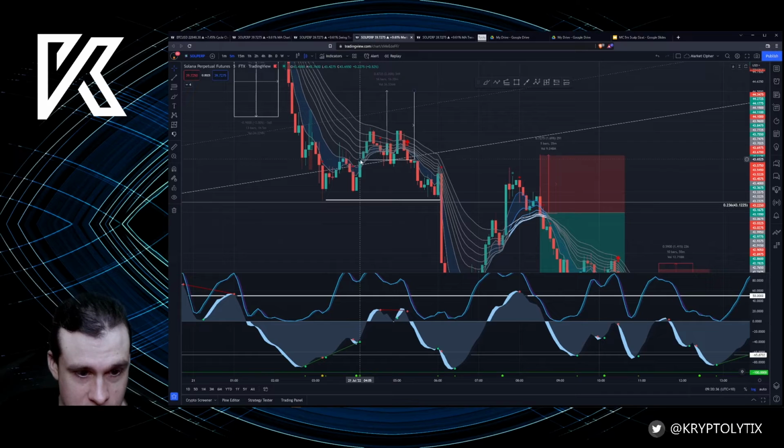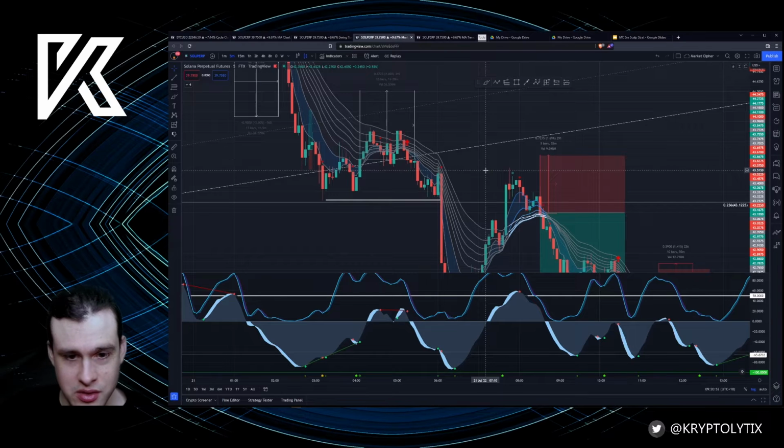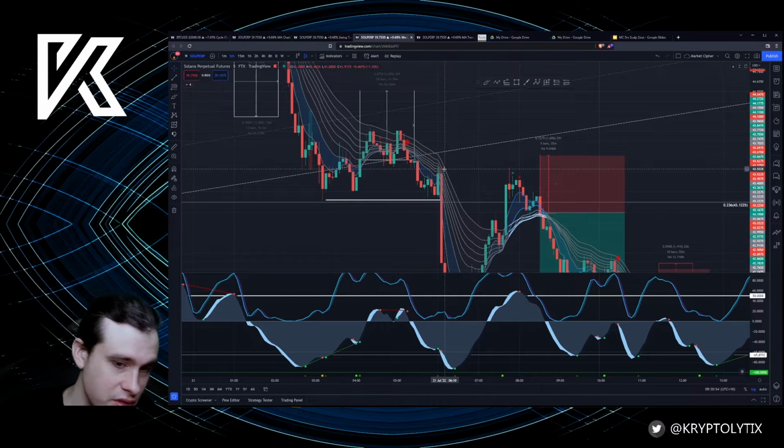So you enter on this candle here, or if you missed this, then here, I guess. The later you enter, the more likely the trade will fail, because if it hasn't run yet, then there's a good chance that it won't run at all.